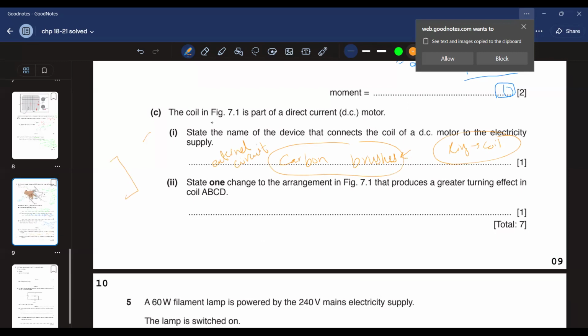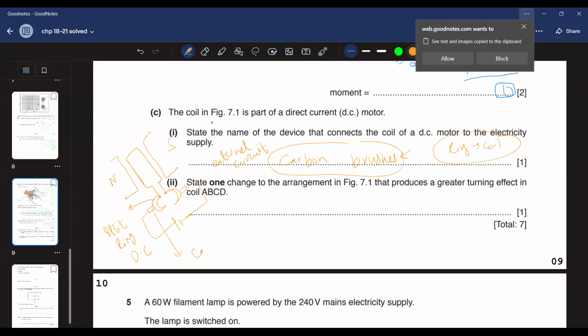So if this is the motor, this is the armature. DC है, so हम लोग यहाँ पे split rings लगाएंगे, which are also known as commutator, and this would be our battery. So ये split rings आ गए for DC.